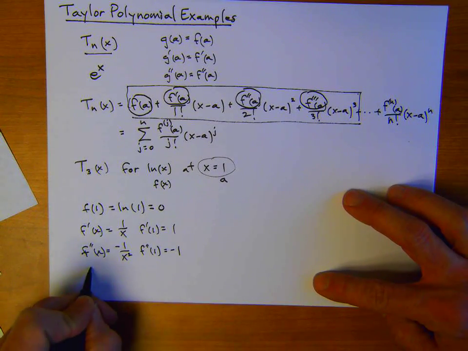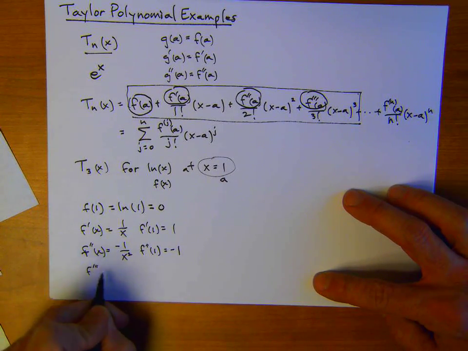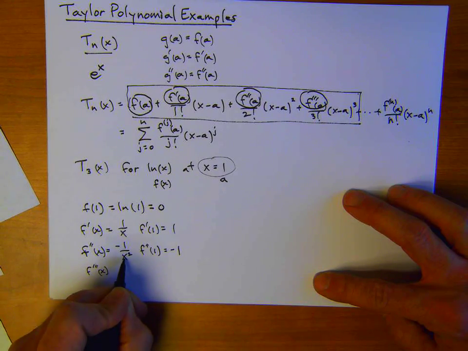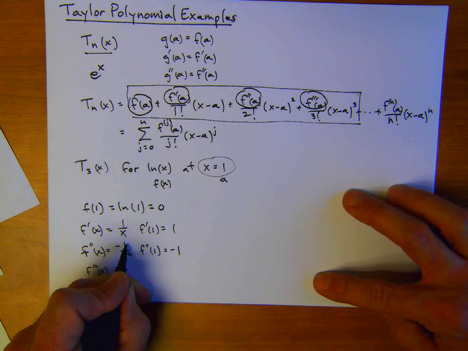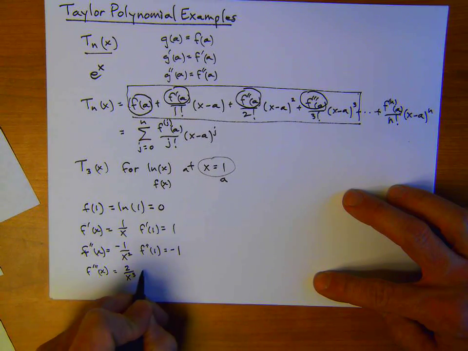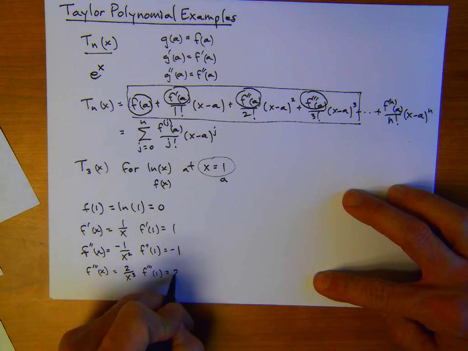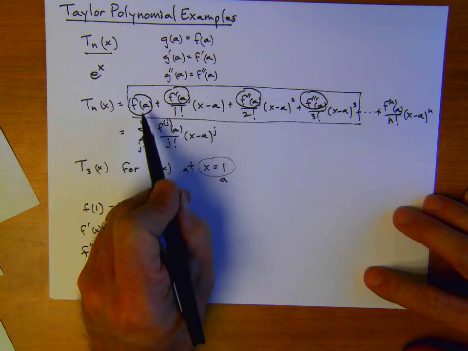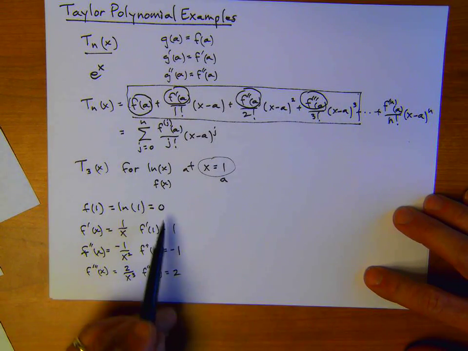And then the third derivative, again, if you think of this as negative x to the negative 2, then using the power rule, we would get 2 over x cubed. So the third derivative evaluated at 1 is just 2. So we've got these things that I've circled: 0, 1, negative 1, 2.